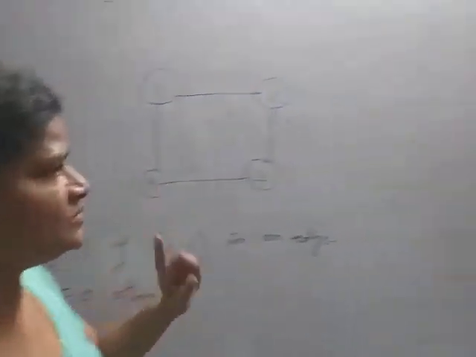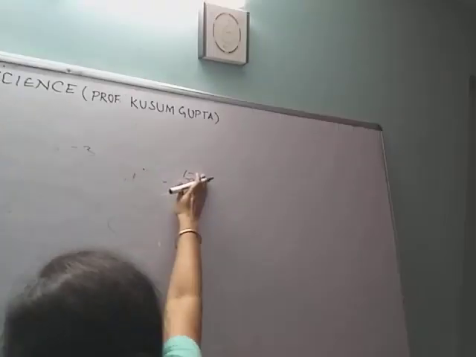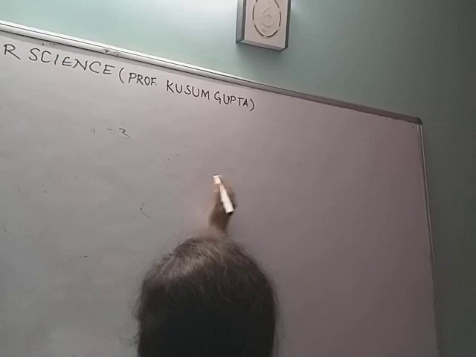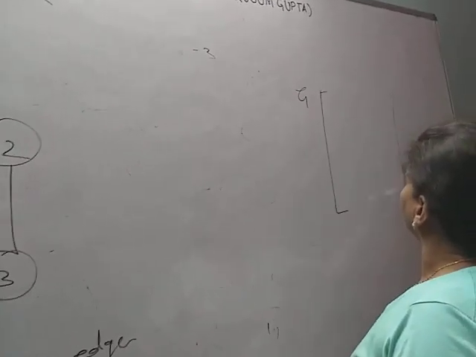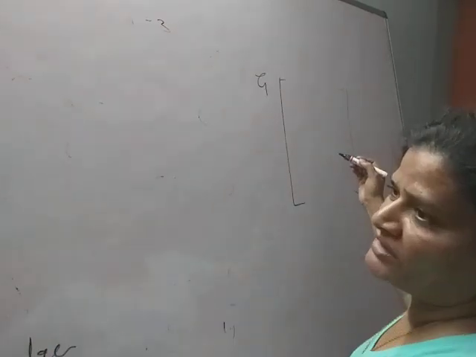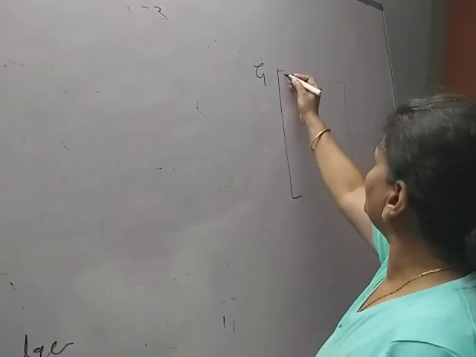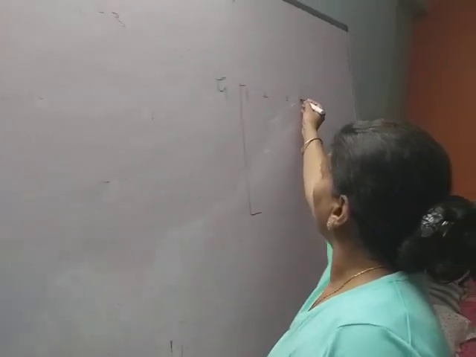Suppose we store this graph in the adjacency matrix, then the adjacency matrix for this graph is this one. There are 4 rows and 4 columns, numbered 1, 2, 3, 4.